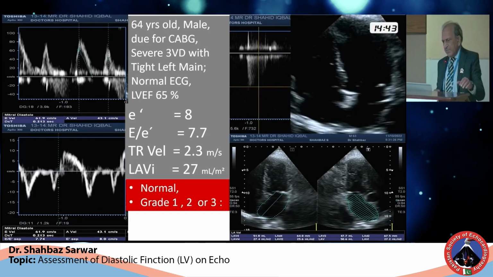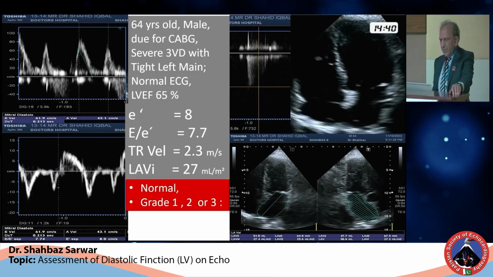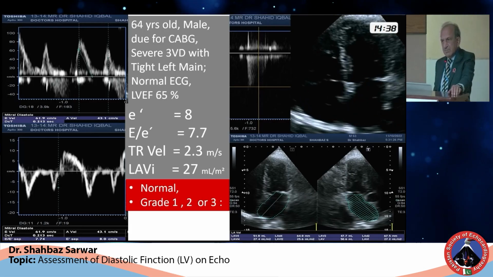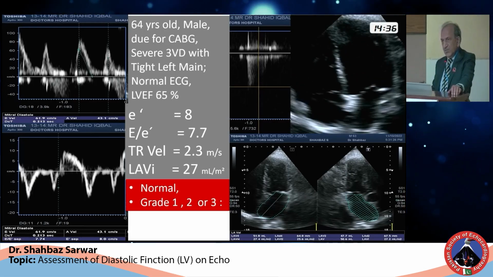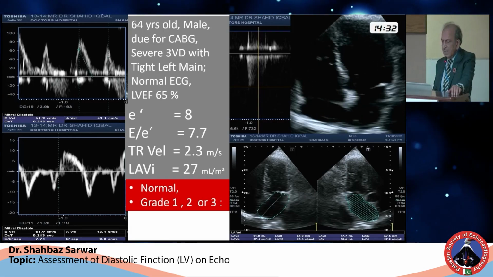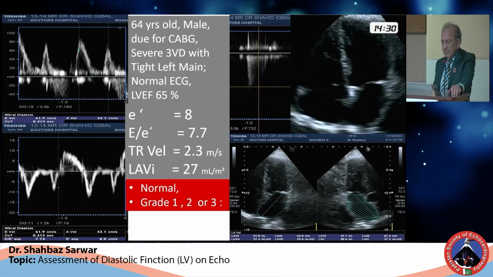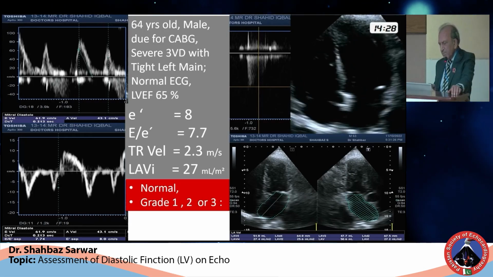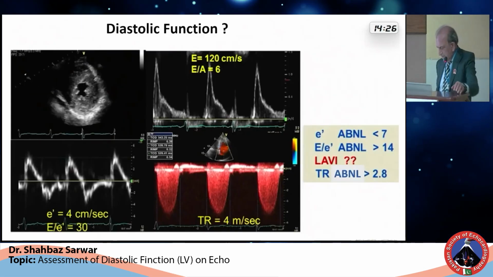So another example, a 64-year-old male is due for CABG. The next day he was going for CABG, and the surgeon said to do his echo as well. He has severe triple vessel disease, left main, but a normal ECG.